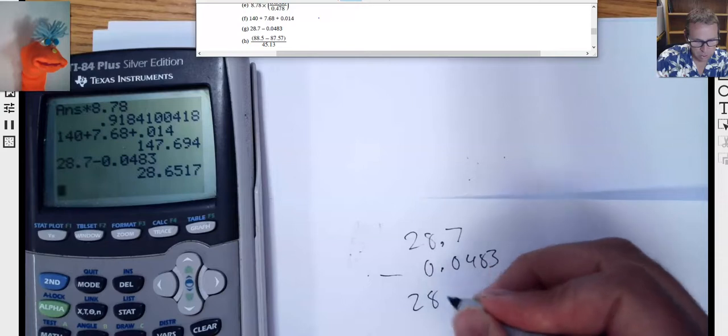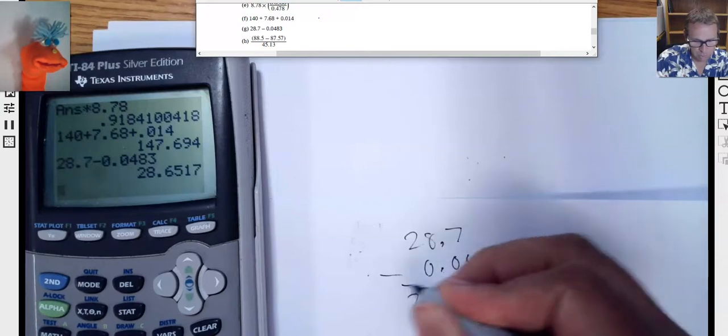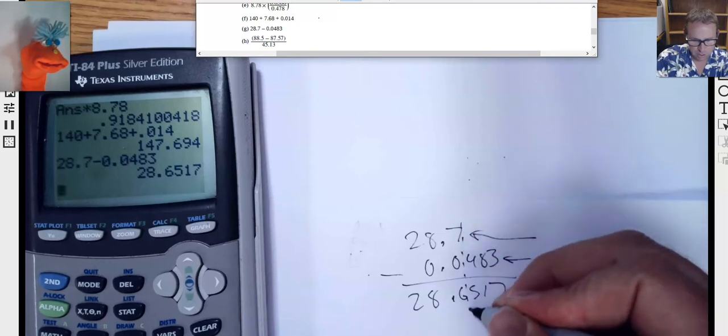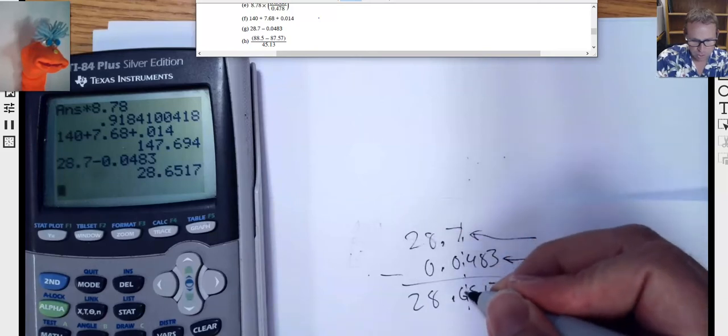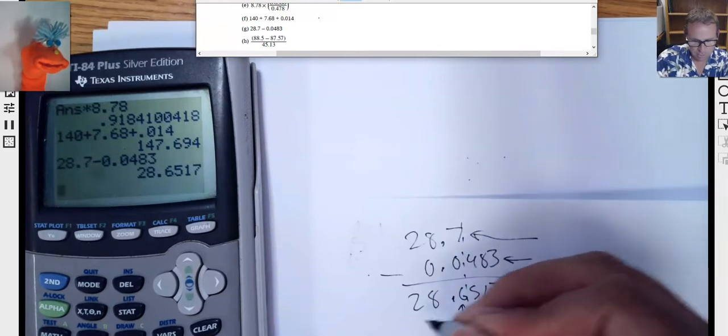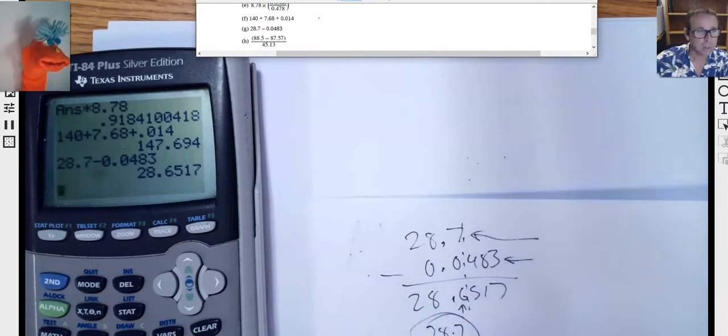The answer is 28.6517. The arrows go this way. And that's where my last significant digit is on this number. So I have to round to this value right here, the tenths place. So 28.7.